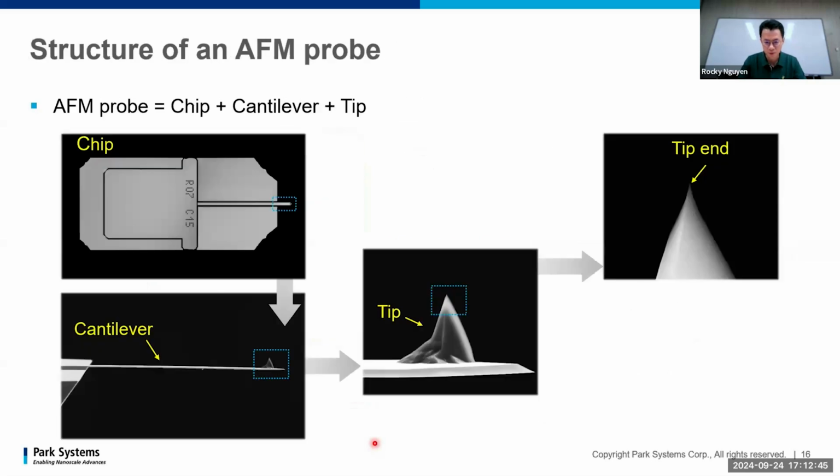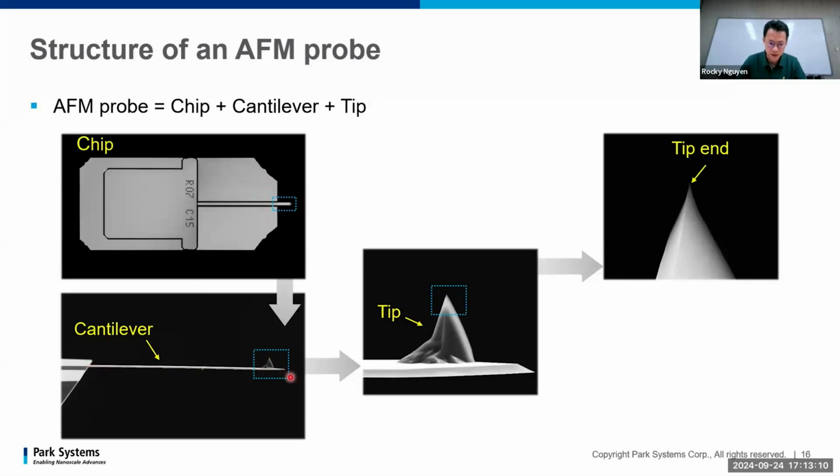So the heart of an AFM, the probe, how does it look like? You can see here, this is an overview of the AFM probe. This very big rectangular part is the chip, which is used for cantilever handling. And at the very end of the chip, we have the AFM cantilever.